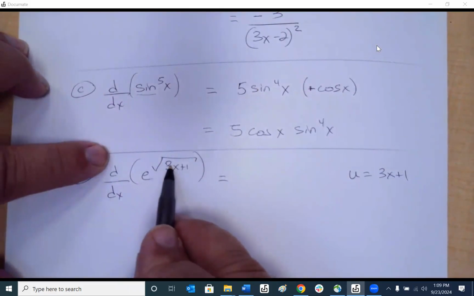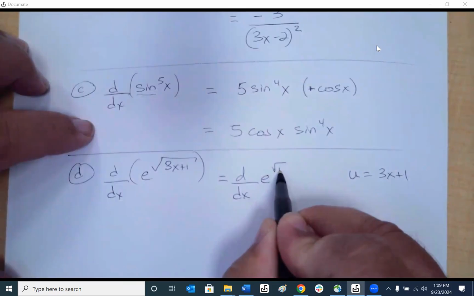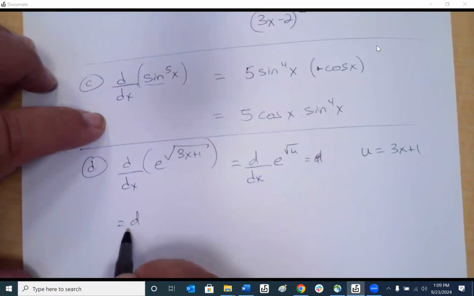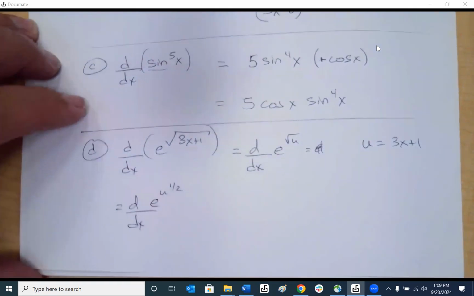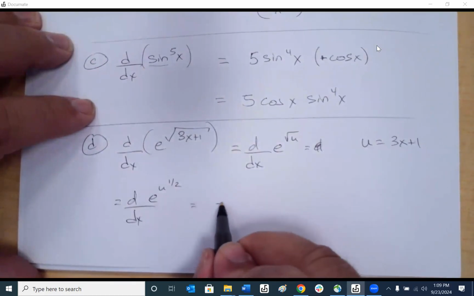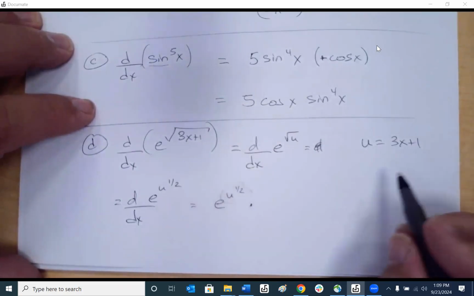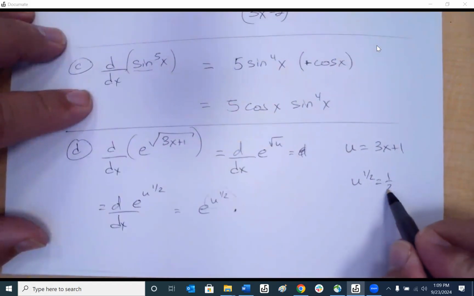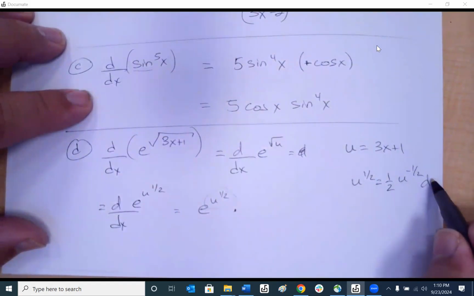Because now what this says is, since we have e to the square root of u, we can rewrite that as e to the u to the 1/2 power. So the derivative is e to the u to the 1/2 power times the derivative of u to the 1/2 power, which is 1/2 u to the negative 1/2 du.